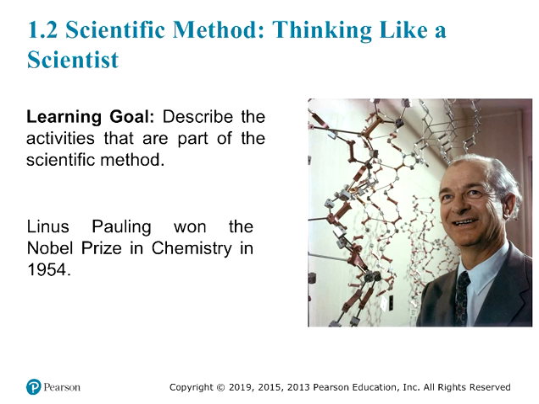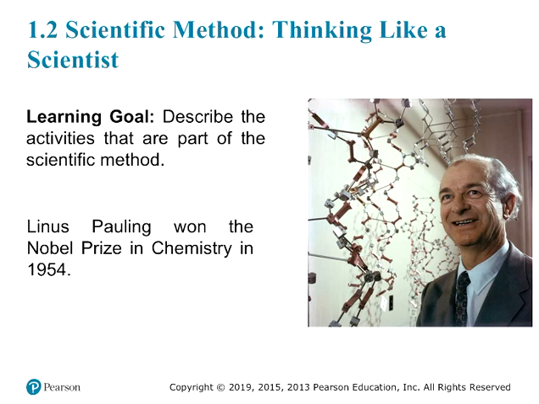And next, we're going to talk about the scientific method, or how to think like a scientist. So down below, you can see a picture of Linus Pauling, and he won the Nobel Prize in Chemistry in 1954. So he actually won this prize for studying how chemicals bond. So how do things actually stick together?